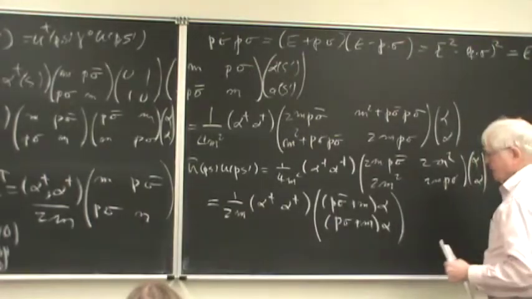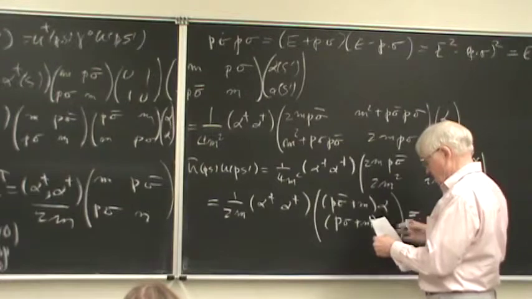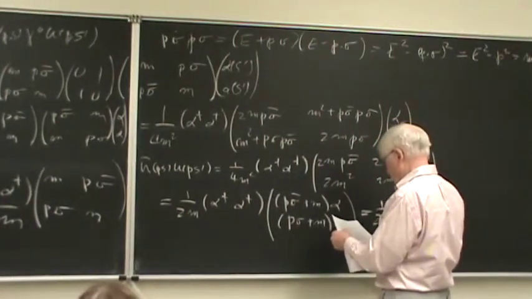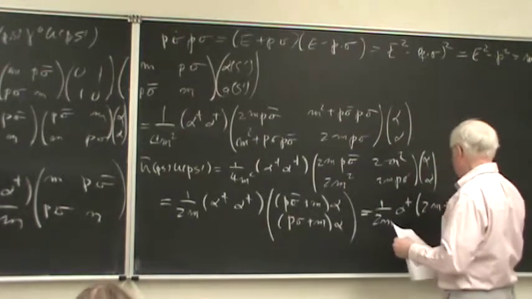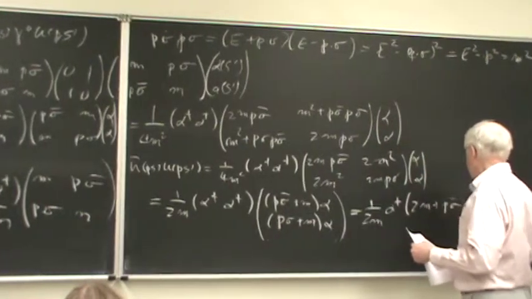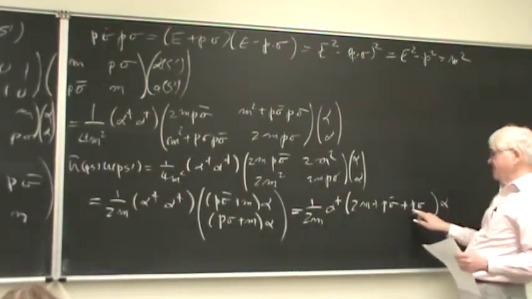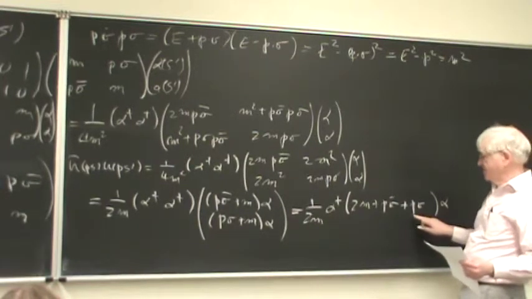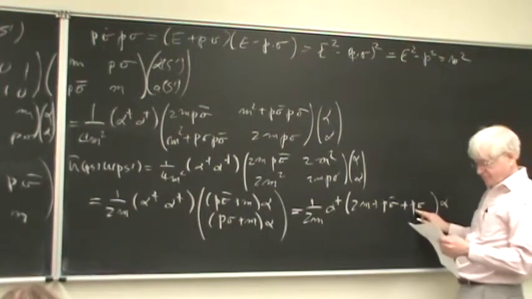Now this looks complicated until you realize that this is actually simpler. It's 1 over 2m alpha dagger 2m plus p sigma bar plus p sigma alpha. But p sigma bar plus p sigma, the complicated parts cancel and we just get e plus e. It's just 2e.